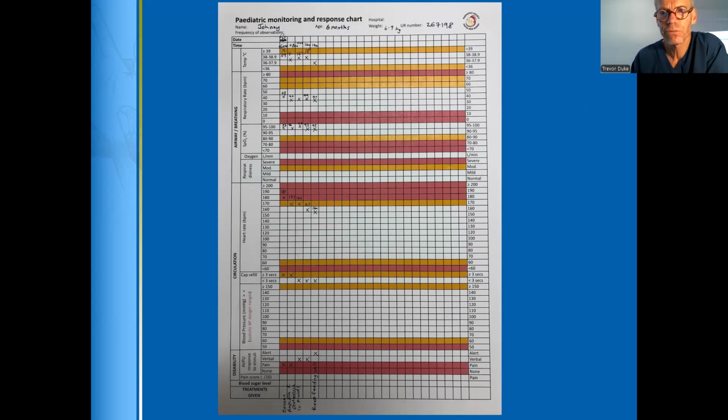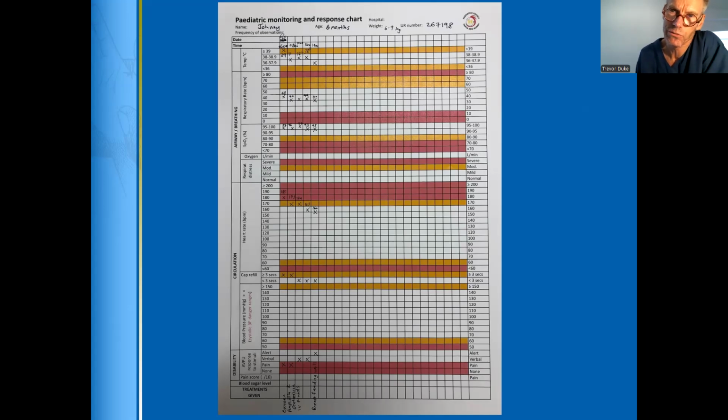You can decide on the frequency of monitoring. So you might put hourly to start with, and then put the time in up the top, so time and date, the time that the monitoring is done, and then later on you might make it every 4 hours. So then each column only needs to be a 4-hour window, for example. But to start with, you do monitoring in this child more frequently because he had a very high fever.